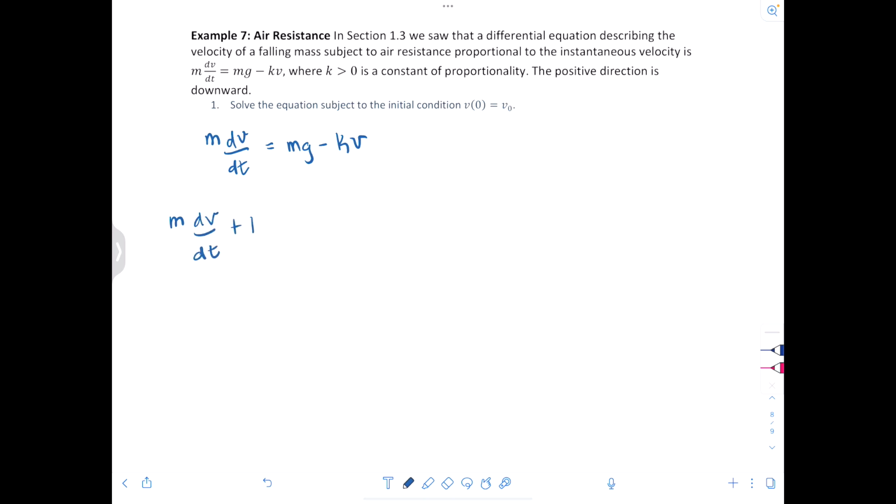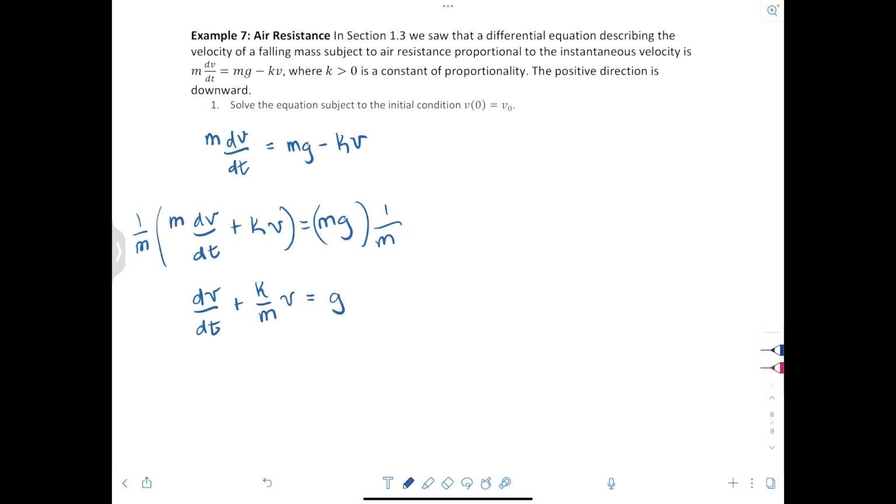So we'll add kv, it's equal to mg, and then if we multiply both sides by 1/m, we'll have the correct format. So dv/dt + (k/m)v = g.